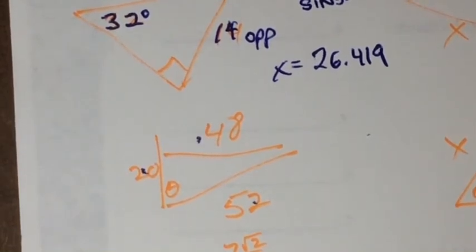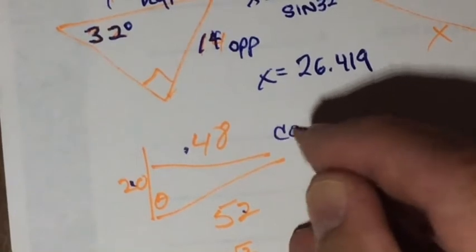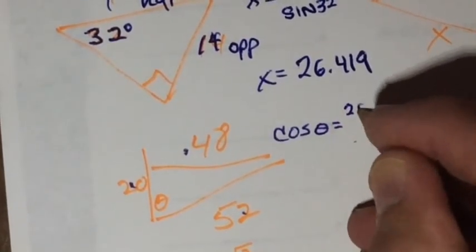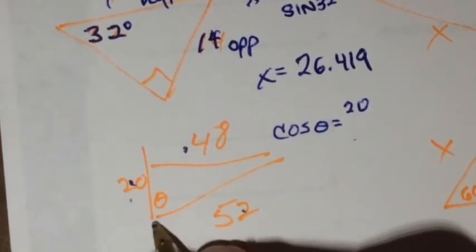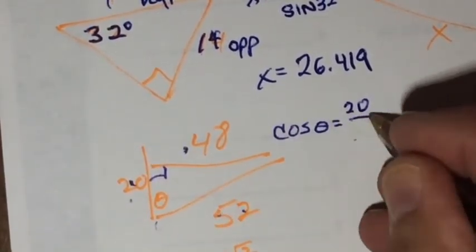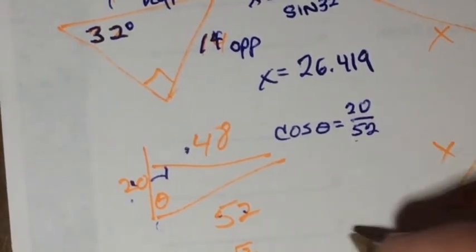You have enough numbers to fill in any one of them. Take your favorite one. Okay. Let's do cosine of theta is equal to 20, because that's the adjacent, over, right, 52, because that's the hypotenuse.